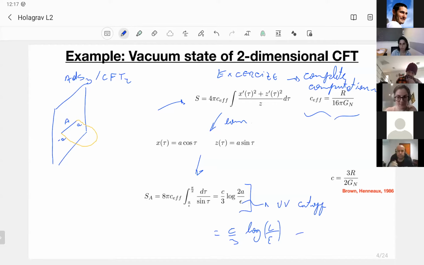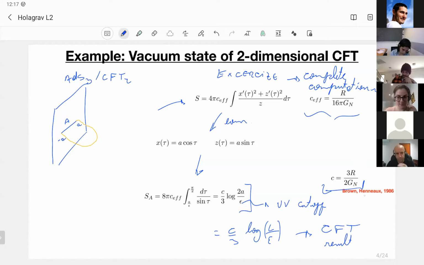And this is the CFT result that I mentioned yesterday, but quickly because it was at the end. And what you have to use also is this expression. This is the central charge in terms of the Newton constant and the AdS radius.